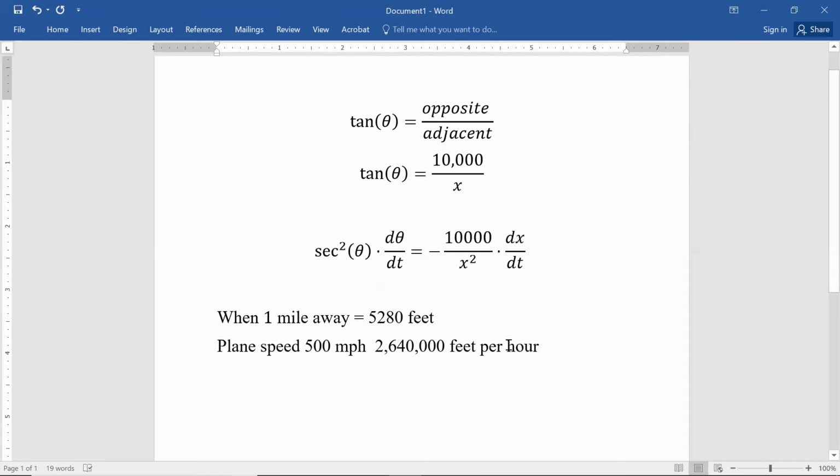Per hour, well, there are 60 minutes in an hour, 60 seconds in a minute. So there are 3,600 seconds per hour.